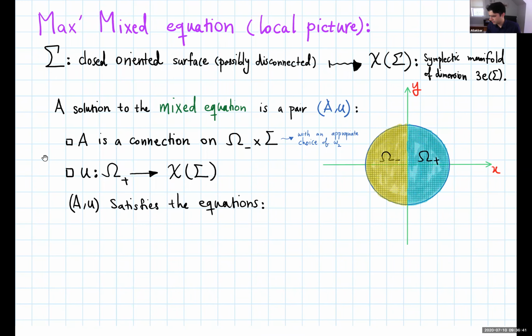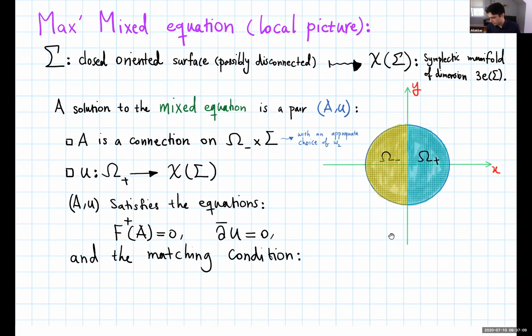And this A and u are supposed to satisfy, so the connection A is supposed to satisfy the ASD equation, and the map u is supposed to satisfy the Cauchy-Riemann equation, so it's a holomorphic map. So up to this point, these are not touching each other. You have some connection and you have some map, which is supposed to be holomorphic, and the connection is supposed to be ASD.